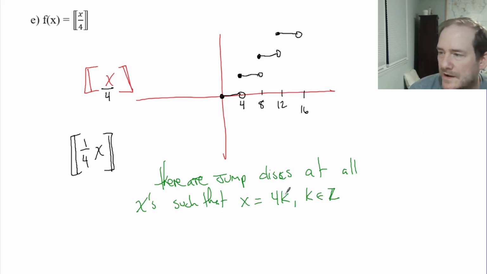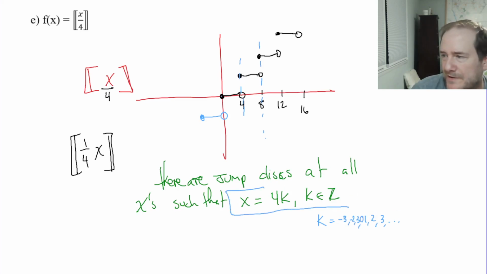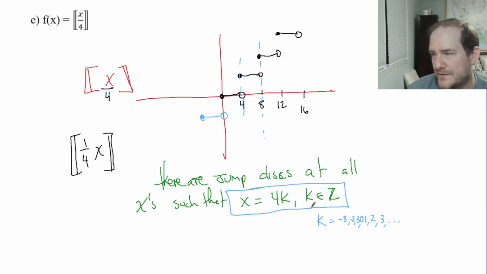Again, if k was 0, then I'll get 0, and there's a jump discontinuity there. And if k was 1, I'd get 4. There's a jump discontinuity there. If k was 2, I'd get 8. There's a jump discontinuity there. If k was 3. So essentially that's what you're doing. When you say k is an element of the set of integers, you're saying that k can equal 1 and 2 and 3, etc. But it can also be -1 and -2 and -3. And you're also saying it can be 0. So this expression would be the only way to really say where all these jump discontinuities occur.